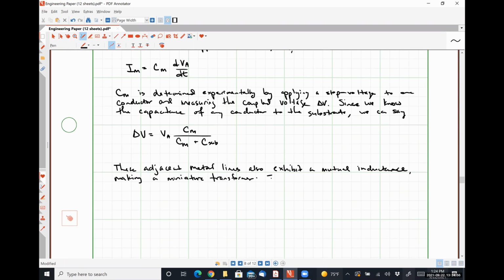So current flowing on one conductor induces voltage on the opposite conductor.